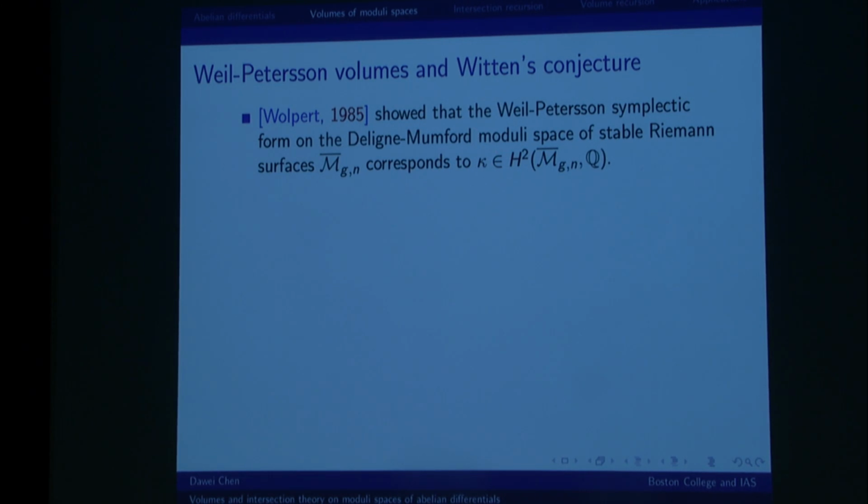Even if you don't know the definition, it does not matter for the rest of the talk. You only need to know there's a correspondence from something more analytic from the Teichmuller side, which gives you the symplectic Weil-Petersson form, and then you can relate it to something algebraic, a Chern class or rational cohomology class kappa.